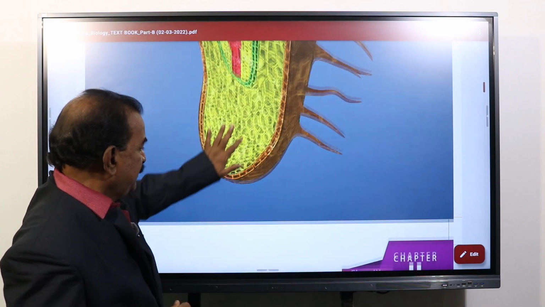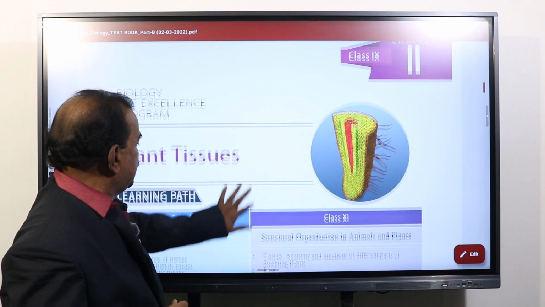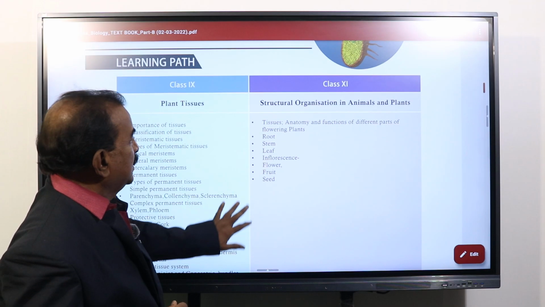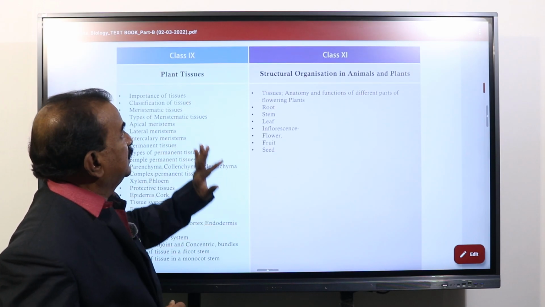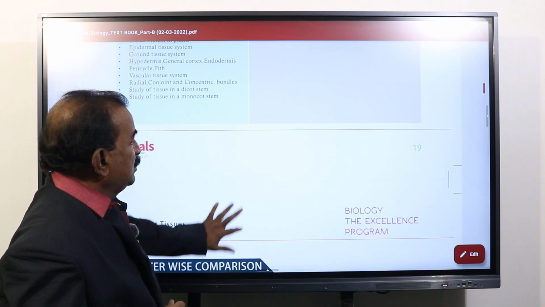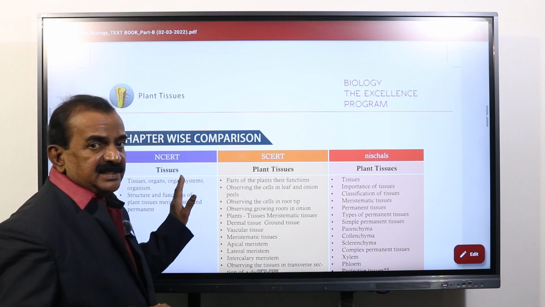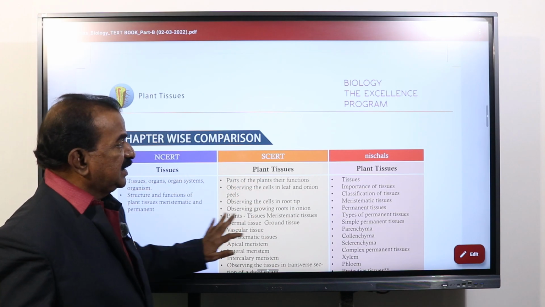This is the diagram, and you see chapter wise information given in our textbook, that is 9th and also 11th comparison, and you see chapter wise comparison of NCERT, SCERT and also Nischals.